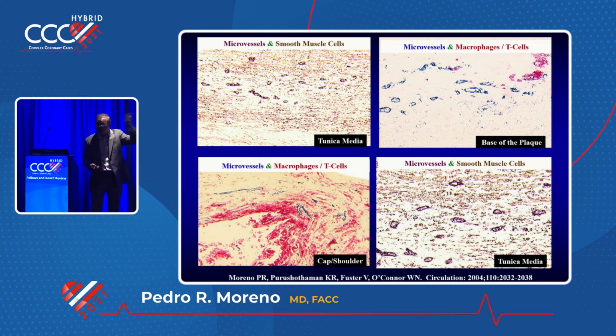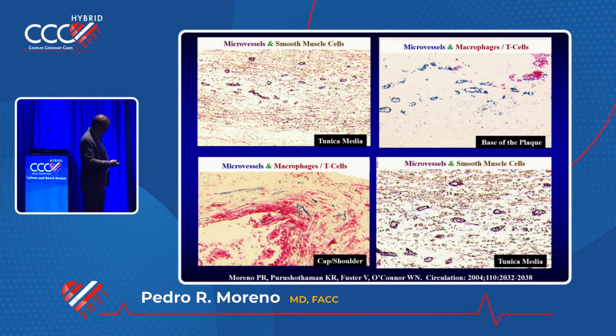CD31, CD34, or von Willebrand, any of the three you can use. And here you see in the tunica media, alpha actin for the smooth muscle cell, the neovessel. See? The neovessel is going from the adventitia through the tunica media into the intima, into the fibrous cap.